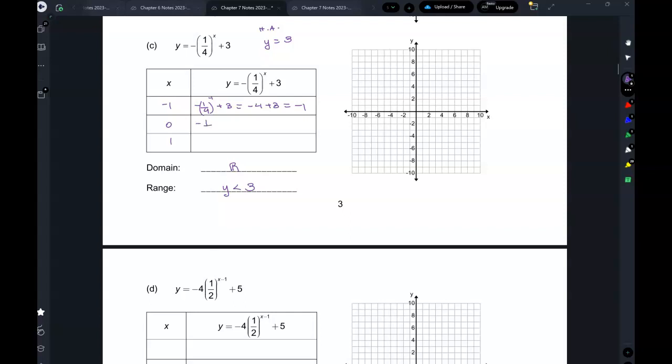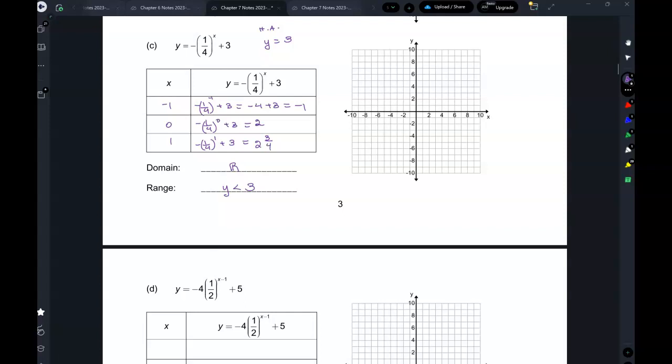So -1 over 4 to the power of 0 plus 3 is 2. -1/4 to the 1 plus 3 is 2 3/4. I just write 2 3/4 because that's easier to graph than 11 over 4.